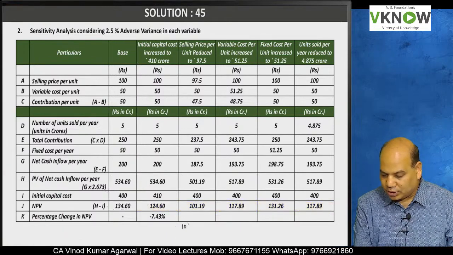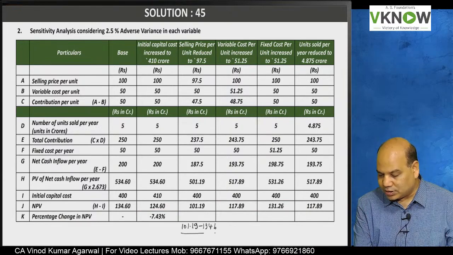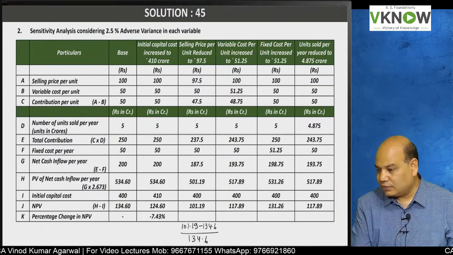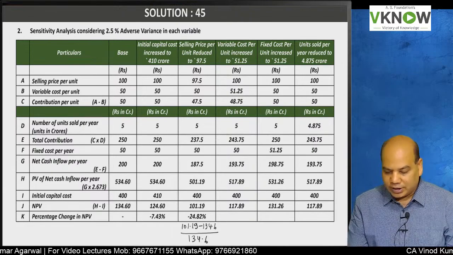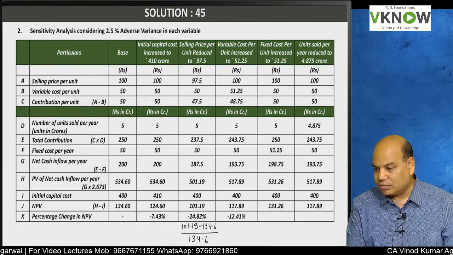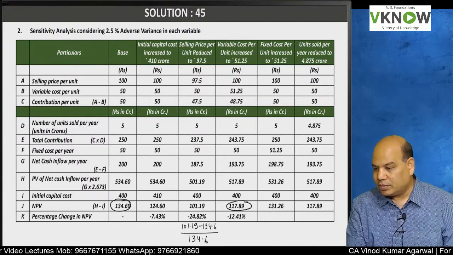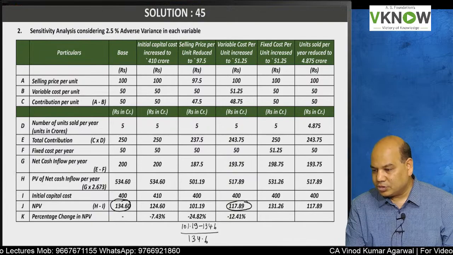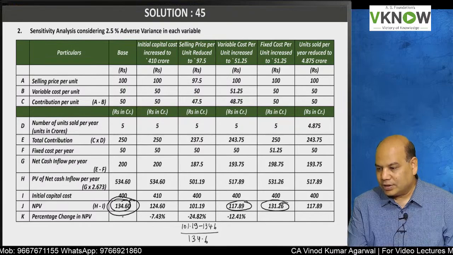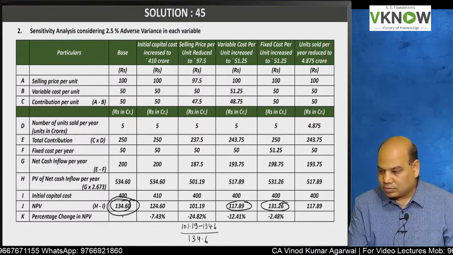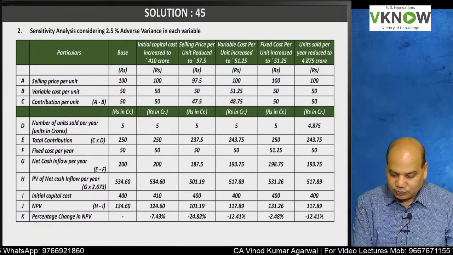Next one: 101.19 minus 134.6 divided by 134.6, which is minus 24.82%. Next one, compare these two, divide by 134.60: minus 12.41%. Now compare this and this, divide by 134.60: minus 2.48%. Last one, minus 12.41%.